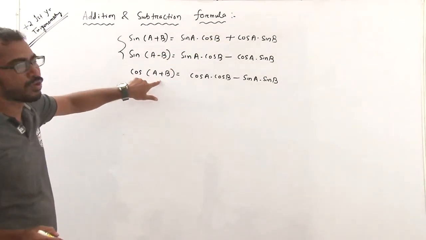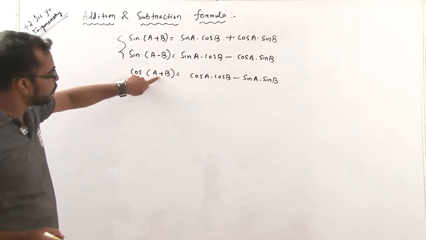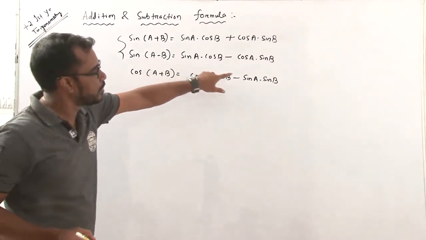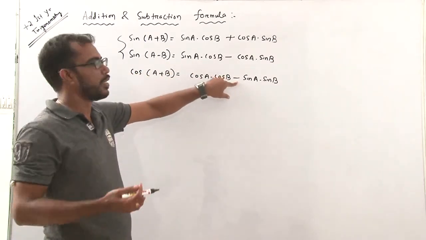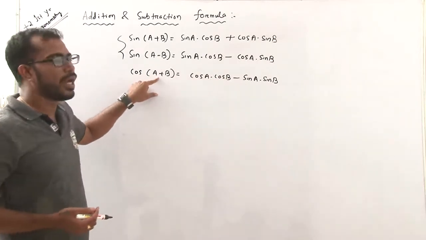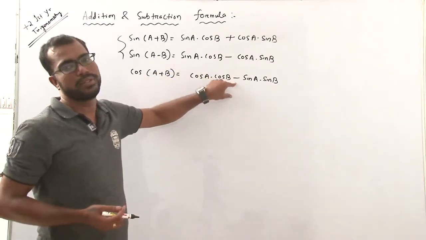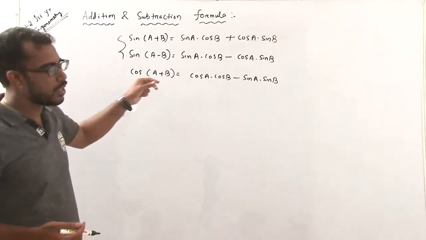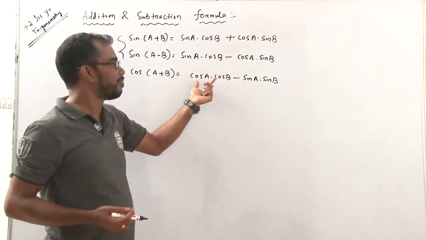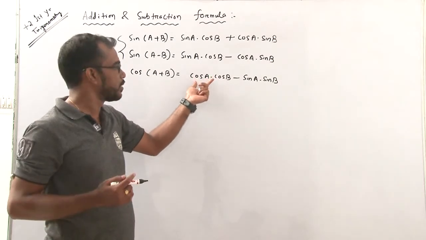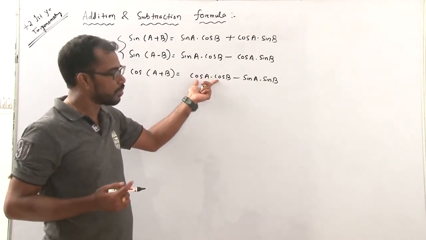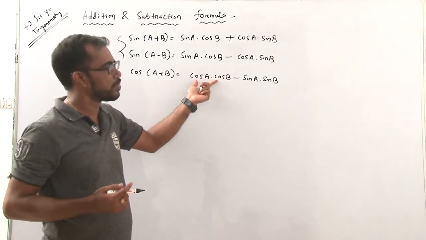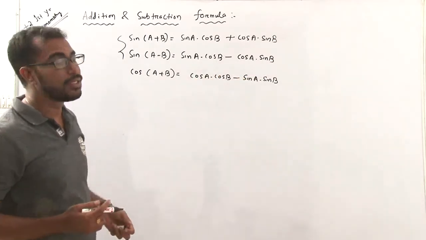But in the case of cos, if it is addition, then the result is in the alternate form. That means if it is addition, it can be written as subtraction. And in the case of cos, the first terms of both have the same ratio, that is cos a into cos b minus sin a into sin b.